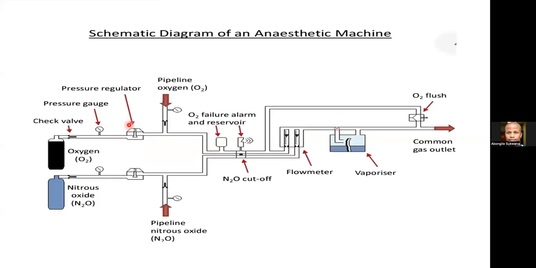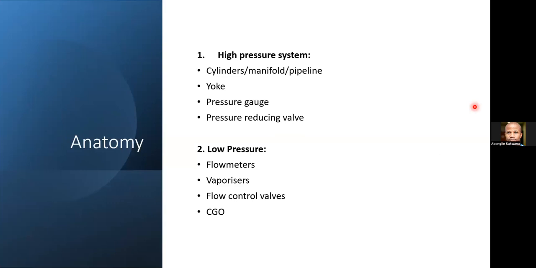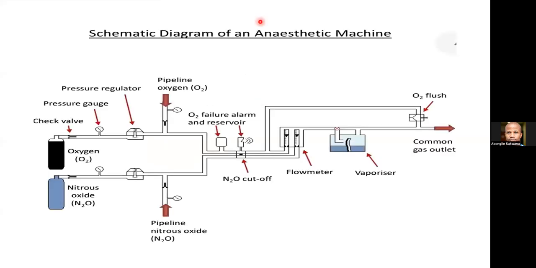So just to put it in the form of a diagram, remember we said the flow control valves separate these pressure systems. So this side will be the high pressure system: cylinders, pipeline or manifold, which is also made up of many cylinders.